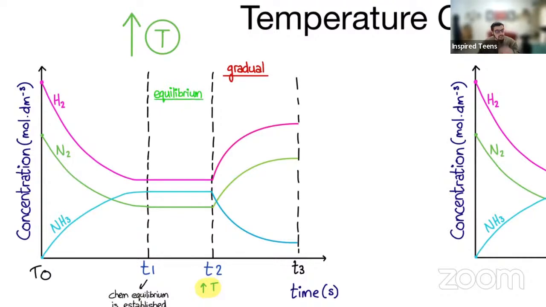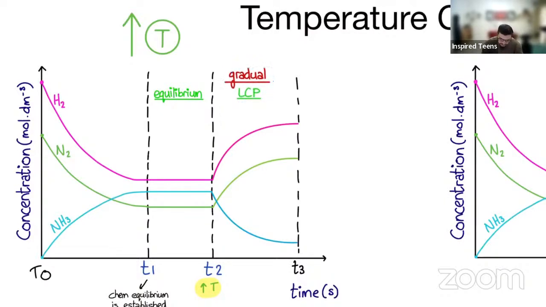From T2 to T3 is where Le Chatelier's principle is in action. LCP, and technically like TCP, the temperature, concentration, or pressure, but that's where LCP is in action, because what's happening from T2 to T3 is the counteracting, the opposing of the change, of the disturbance, of the stress that was made.